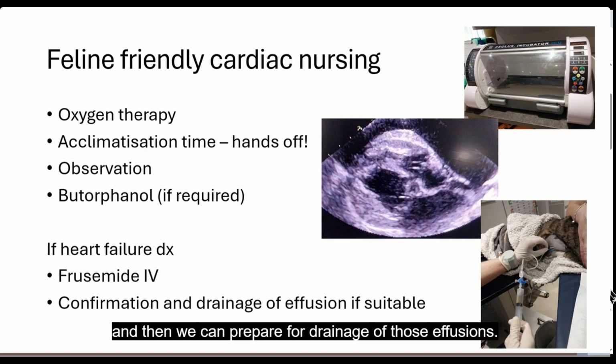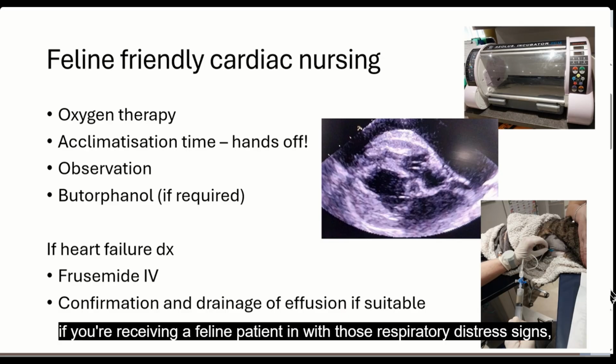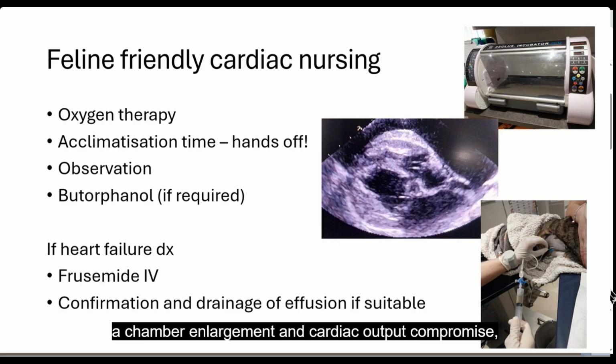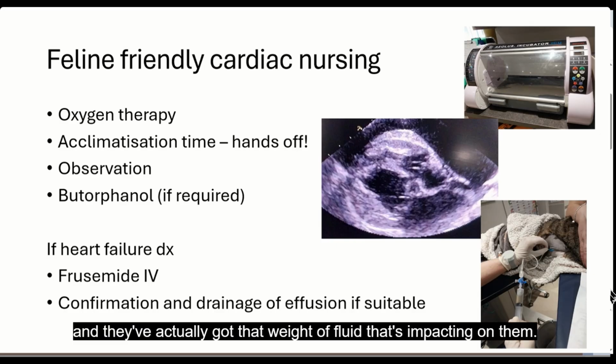If we don't have a heart failure diagnosis at the start, then again, it's employing those T-FAST ultrasound capabilities to see if there is any heart chamber enlargement. If you're receiving a feline patient with respiratory distress signs, then you are erring on the fact that they either have chamber enlargement and cardiac output compromise resulting in a pulmonary edema state, or they've got a pleural effusion and that weight of fluid is impacting on them.